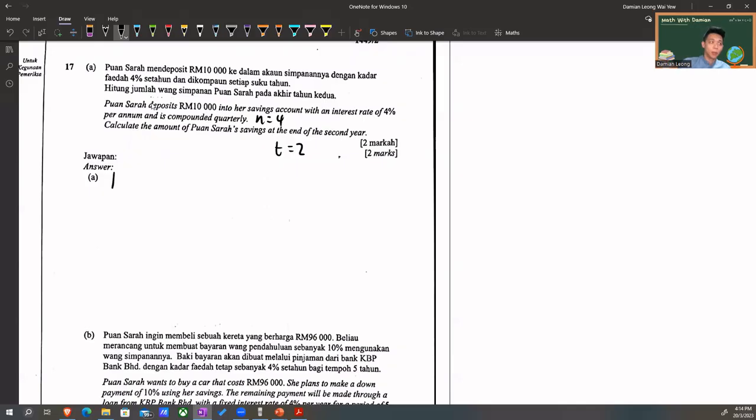So using the compound interest formula, matured value is principal 10,000 times 1 plus interest rate, 4% means 0.04, over n, to the power of n times t, 4 times 2.